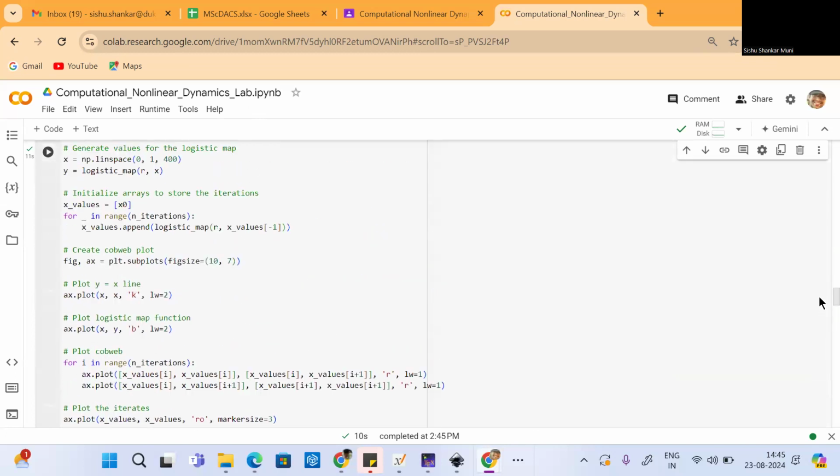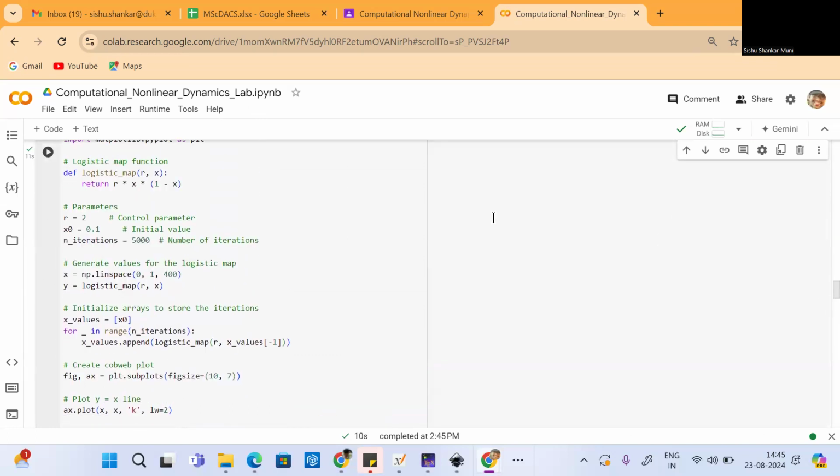Can you tell me some more r values? You must have written in your notes, at which point does a periodic point exist?